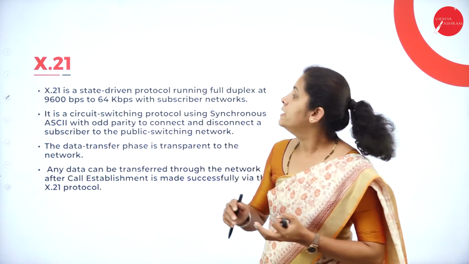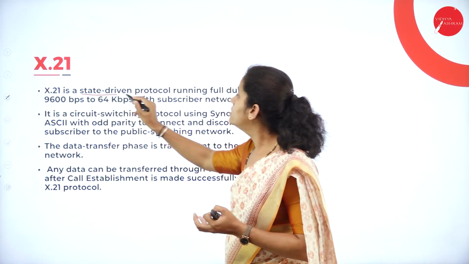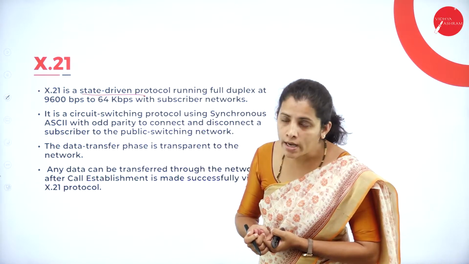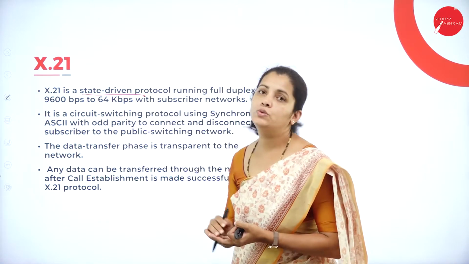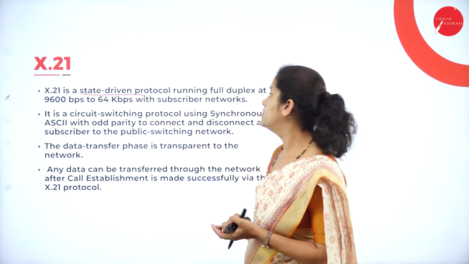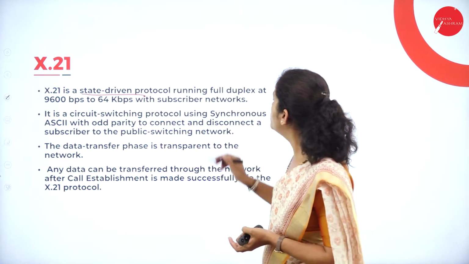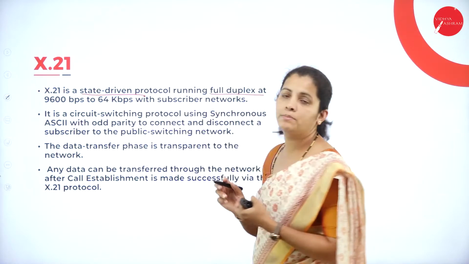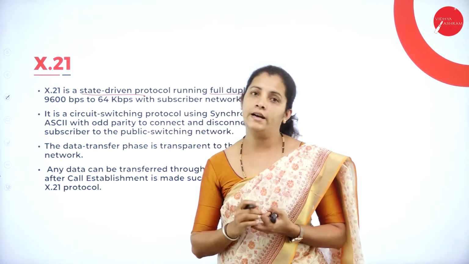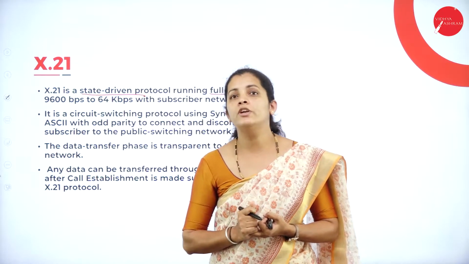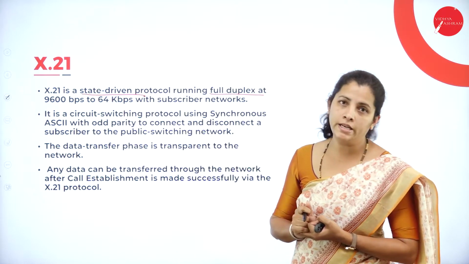So here it provides a state-driven protocol. That means X.21 is mainly used to provide a state-driven protocol and it supports full duplex communication. That means the sender and the receiver both can communicate with each other simultaneously.